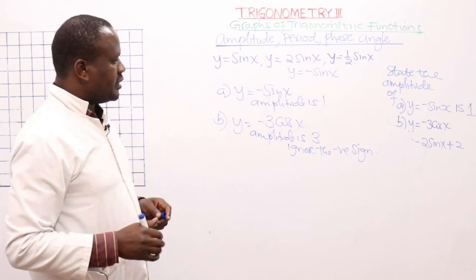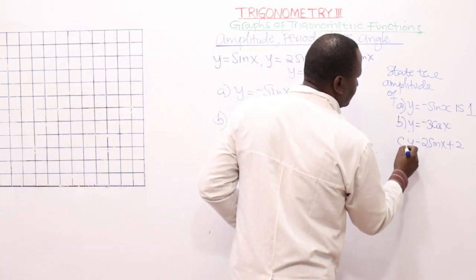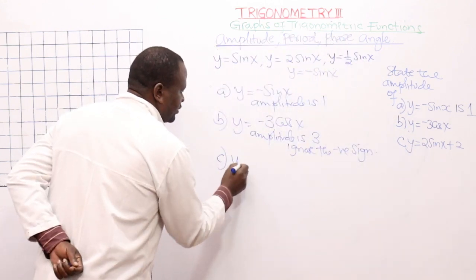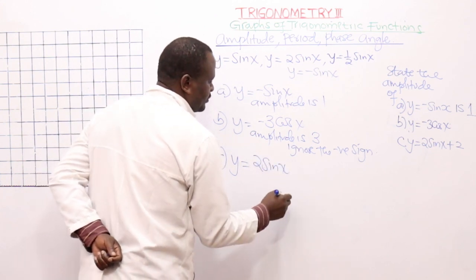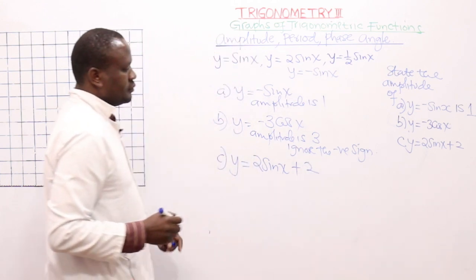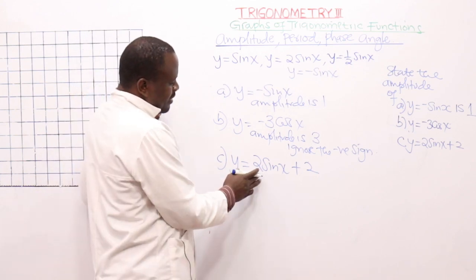But let us look at part C. What about part C? Y is equals to 2 sine x plus 2. Now, of course, you will have said the amplitude is 2.